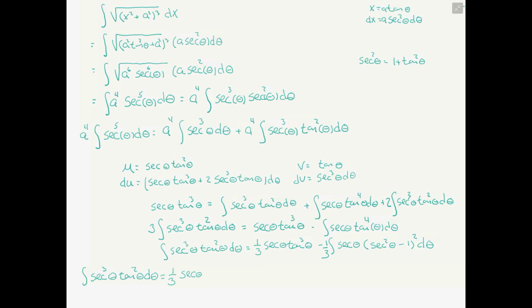and in the next integral, the minus 1/3 secant theta times secant squared theta minus 1 squared, we're expanding that expression and it will give us 3 terms.